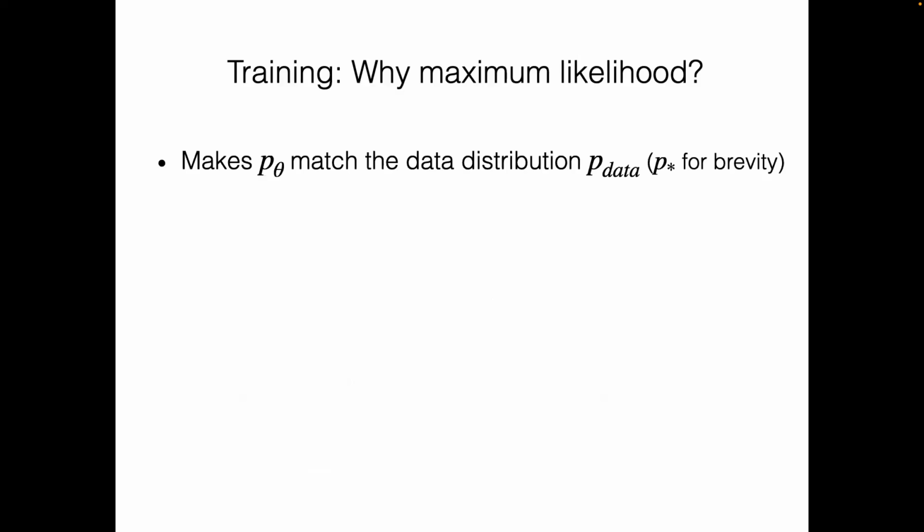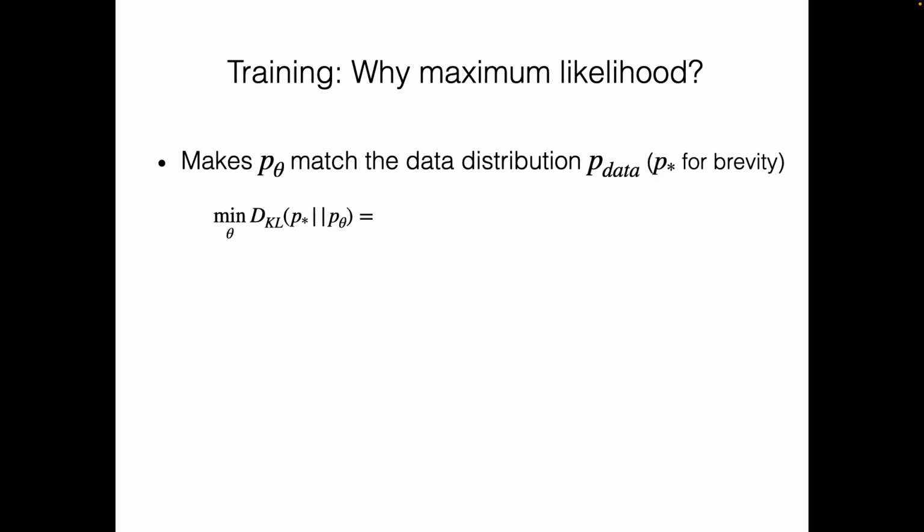But then there's a question of, okay, I said that counting is equivalent to this thing called maximum likelihood, but what's the reason for maximum likelihood? Well, one is this intuitive idea of assigning high probability to the training data. But you can also show that this is equivalent to matching the data distribution using your model. And actually, this will use the same argument that I talked about in the previous class.